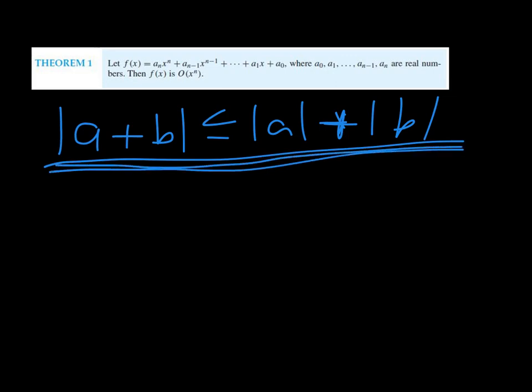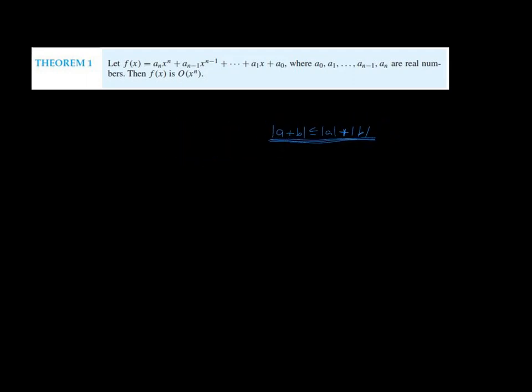There's a skeleton of it in the book, and I'm thinking about making this an extra credit assignment, to fill in the details to show that that's going to be true. But we have to apply this triangle inequality over and over a couple times. So let me shrink this down a little bit and put it up here.